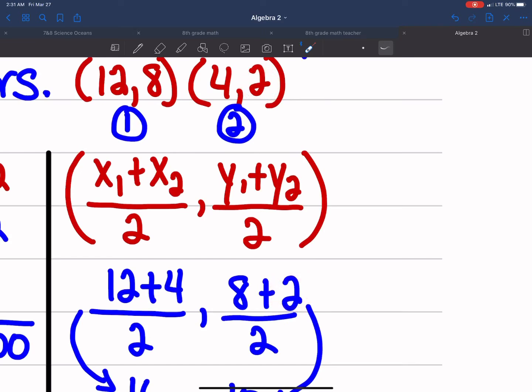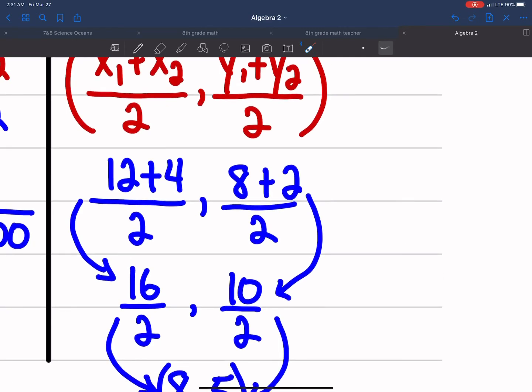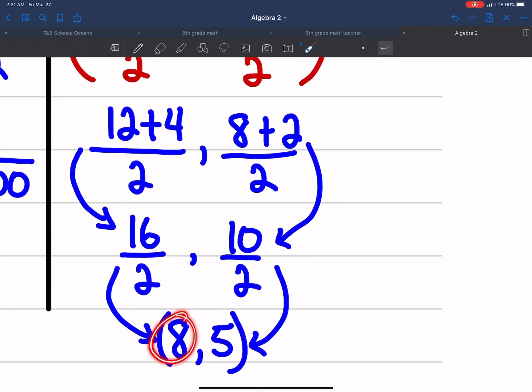All right, so 12 plus 4 over 2, and 8 plus 2 over 2. I'm going to add the numerators, and then divide by 2. So 16 divided by 2 is 8. And then 8 plus 2 is 10 divided by 2 is 5. Ocho cinco is our answer.